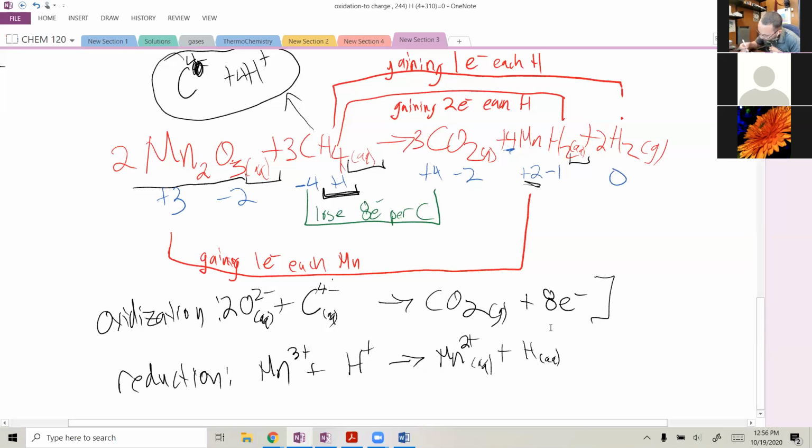All right, so our hydrogen in this case is going to be a 1 minus. And then we're going to have our hydrogen gas, which is going to be a 0. Now, how many hydrogens should we have with that 1 minus charge? If we're trying to take one of those manganese, how many of these hydrogens should we have?